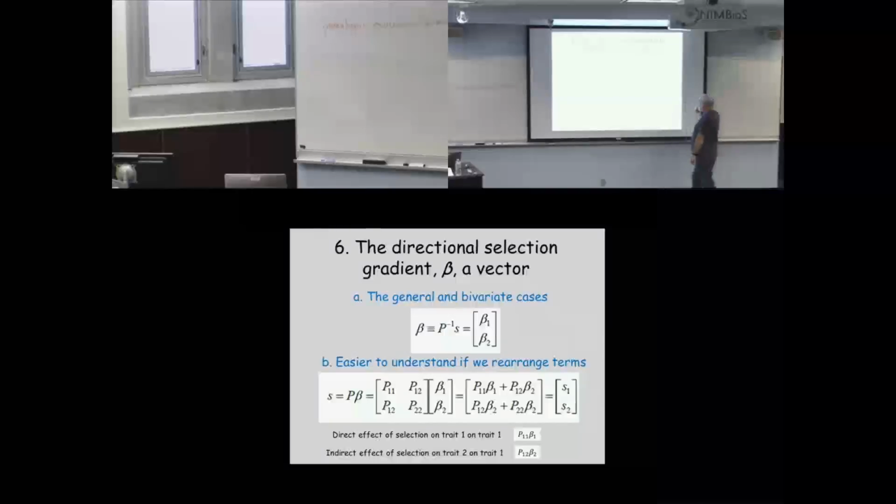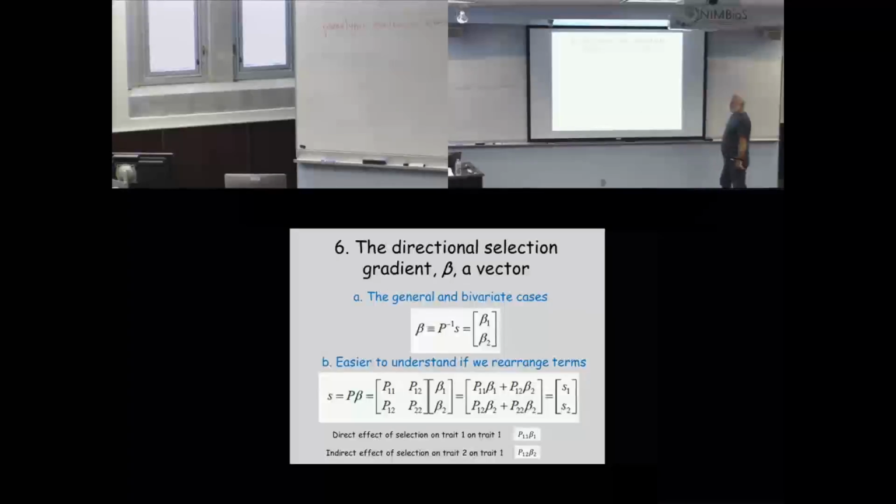Now, what is this thing? Well, it turns out that S is a covariance. This is the partial correlation between relative fitness and trait values for trait 1, holding the values for trait 2 constant. And if Matthew goes back tonight and looks up in his statistics books, this is the standard expression for a partial regression vector.